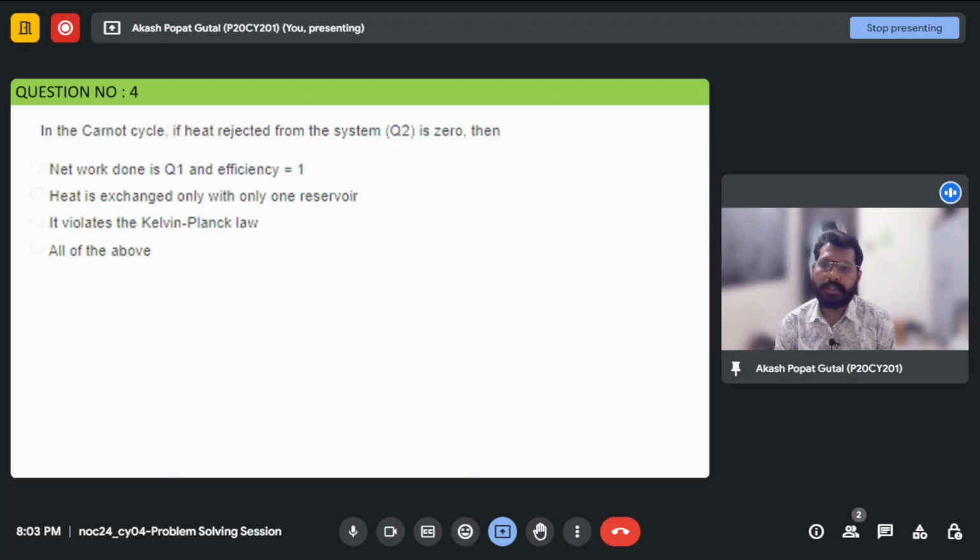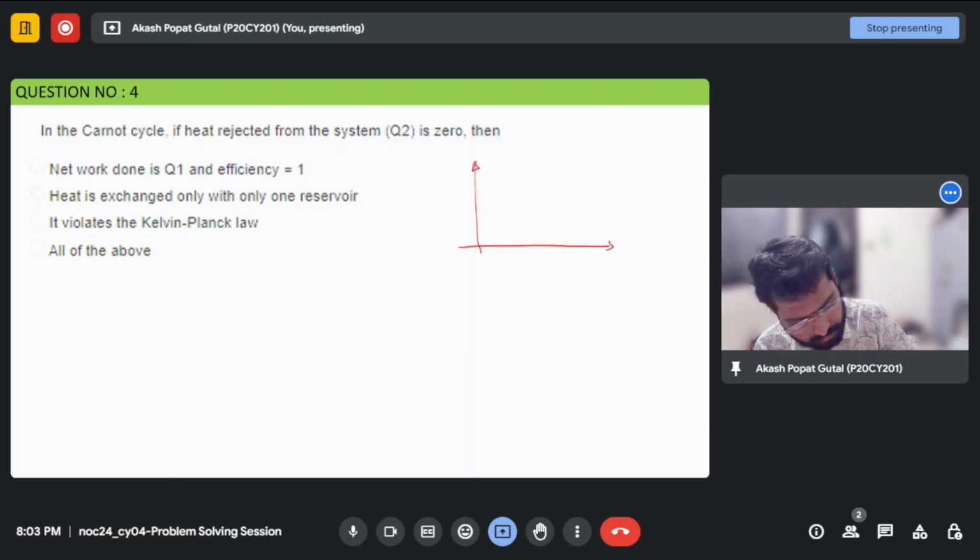So the statement is, in the Carnot cycle, if heat rejected from the system Q2 is 0, then four statements are given.